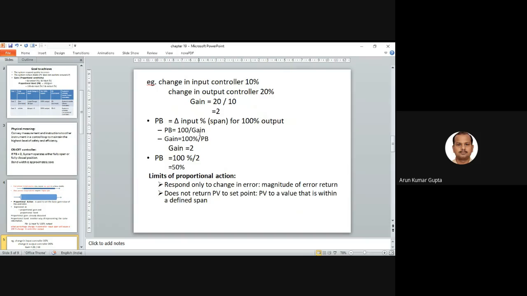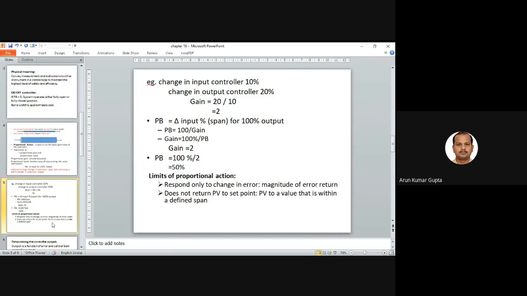The band is 100 by gain. Gain value is 2, so proportional band is 50%. Mathematically, this is a very easy formula. We can very easily calculate. But what is the physical meaning of this? We have to look for that also, right?